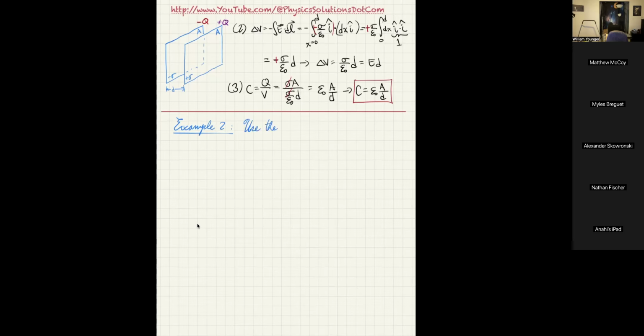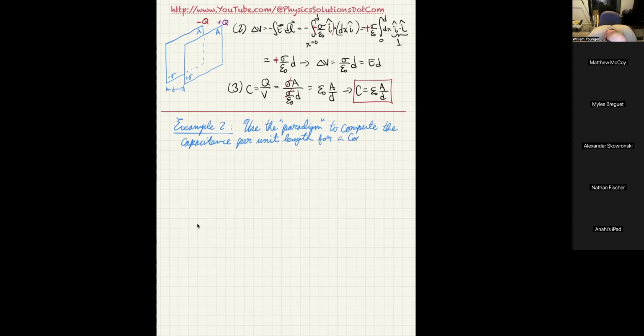Use the paradigm to compute the capacitance per unit length for a coaxial cable.